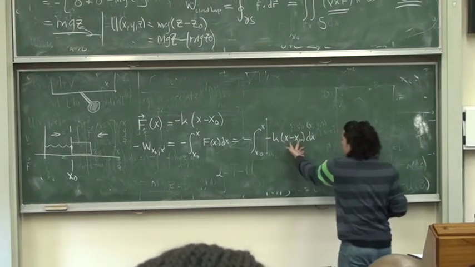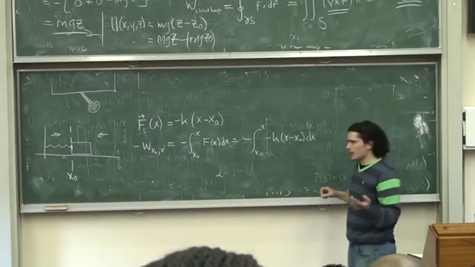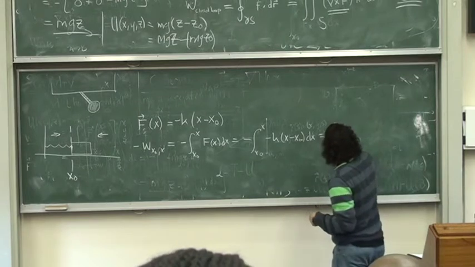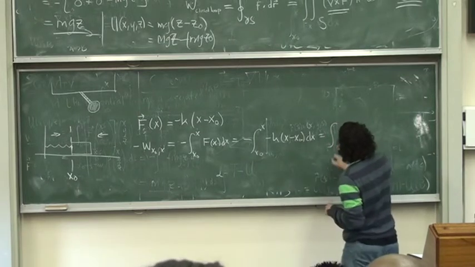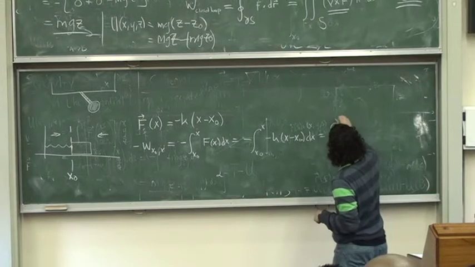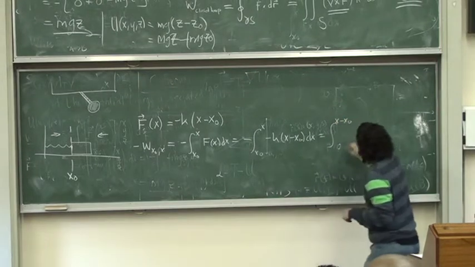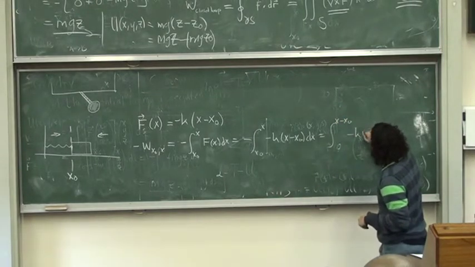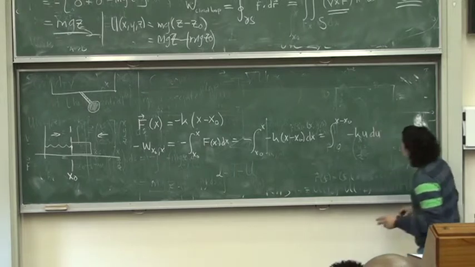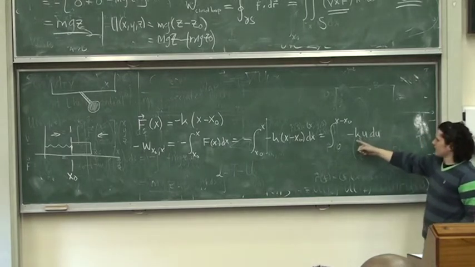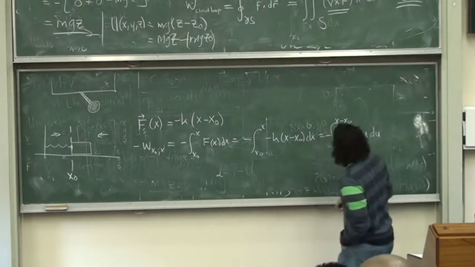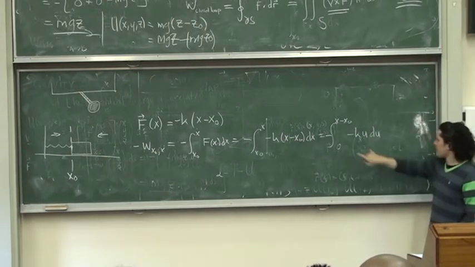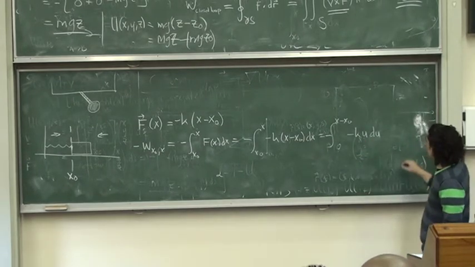Let's change variables, x minus x naught to u. Then this is going to be the integral where u goes from 0 to x minus x naught of minus k u du, where du is equal to dx. When I integrate this, the minuses can cancel, right? There's no need to put the minuses.